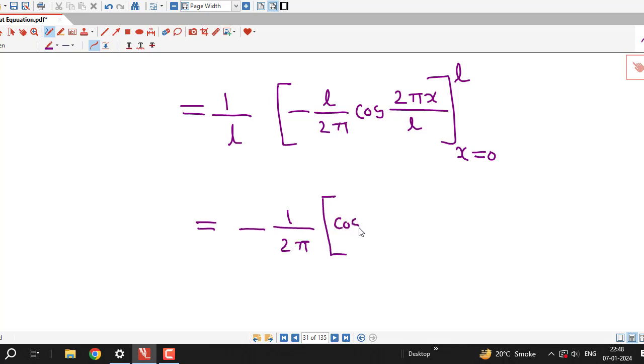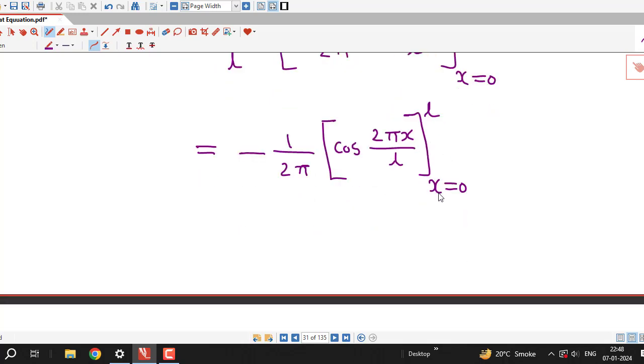L will get cancelled. Cosine of 2 pi x by L. Limits of x are from 0 to L.